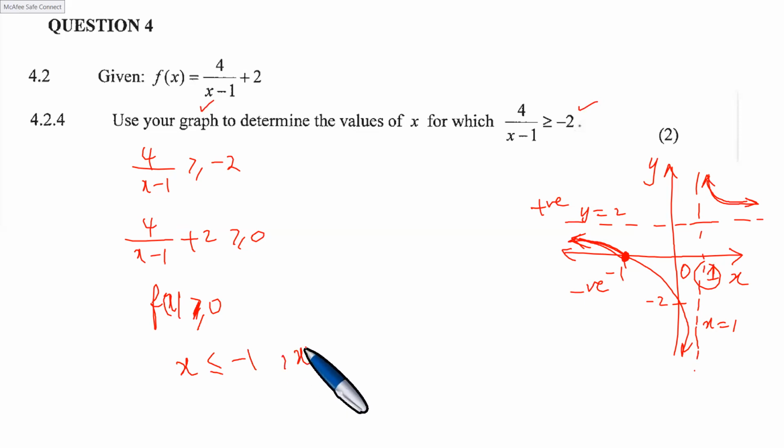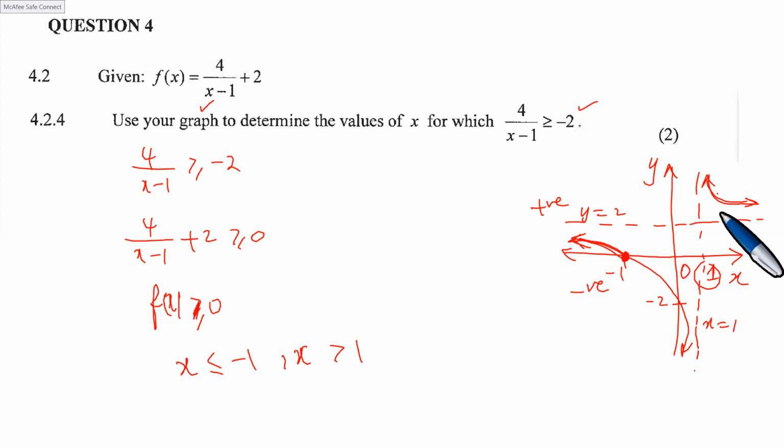When x is bigger than 1, because 1 is the asymptote, this is the answer.